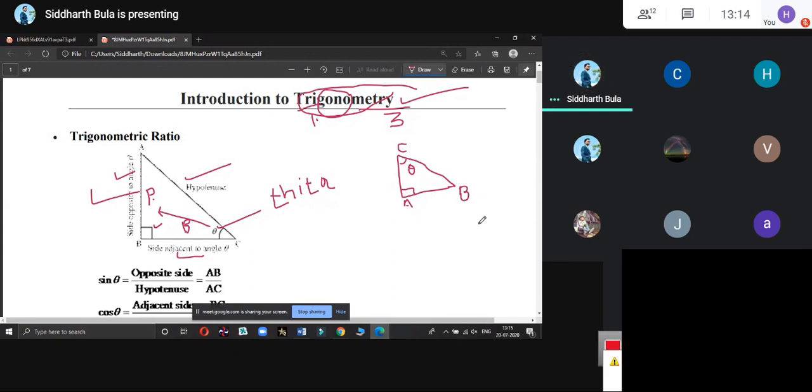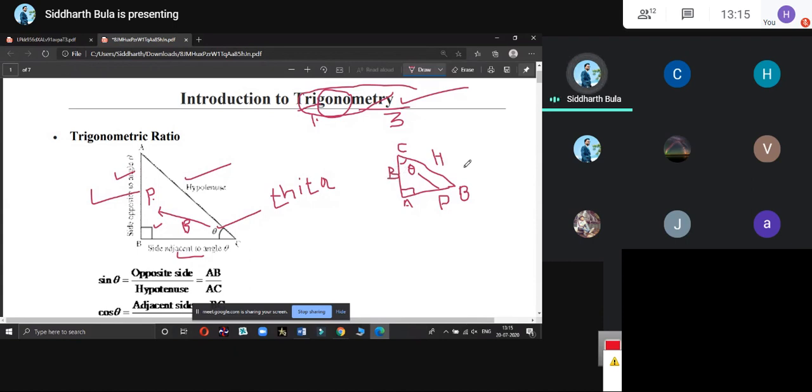The side which is opposite to the angle mentioned is always the perpendicular. So now in this figure, this is the perpendicular. The longest side is always the hypotenuse. And the left side will be the base.